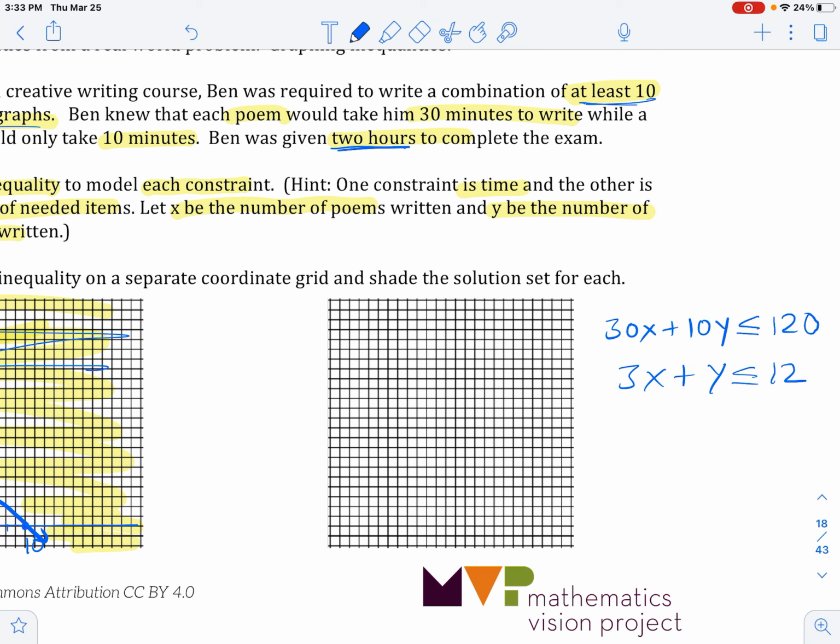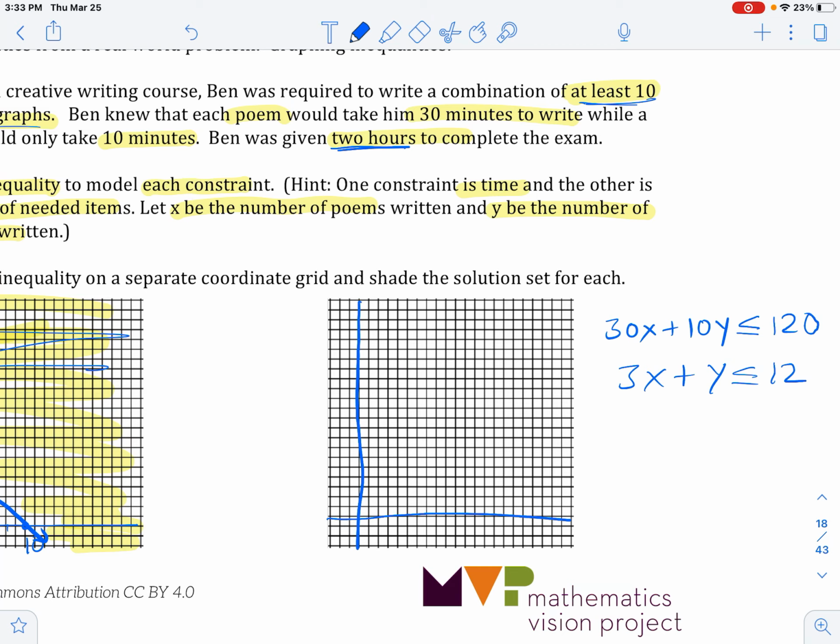When I need to graph it, I can do that as well, and I would be making my y-axis, this is the x-axis. So 3x plus y is less than or equal to 12.